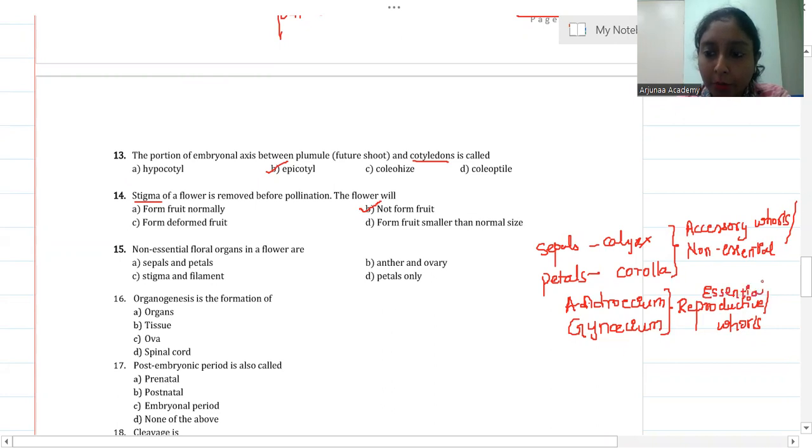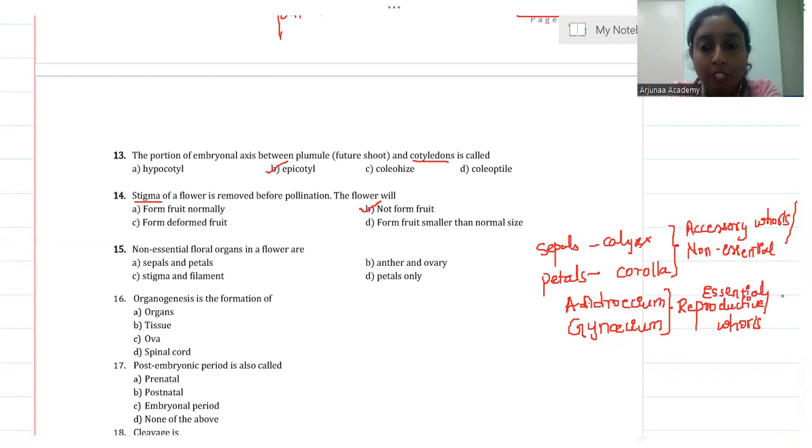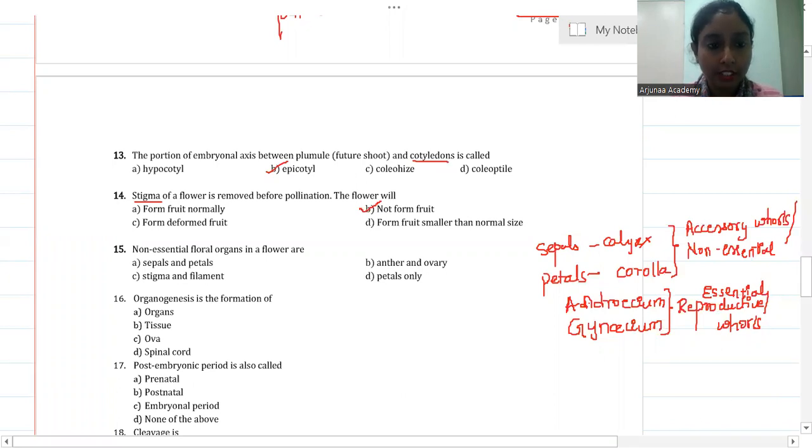Why is it essential? The meaning of the term itself tells us. They are required for sexual reproduction to continue their progeny, right? So sepals and petals are the non-essential whorls. So the correct answer will be option A.